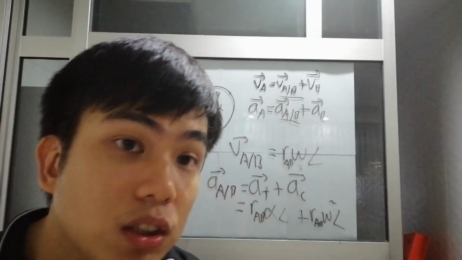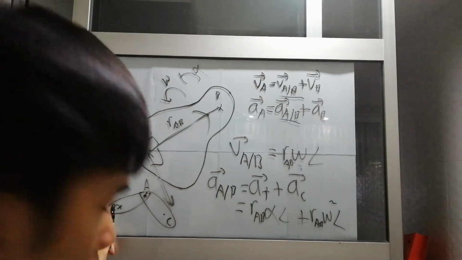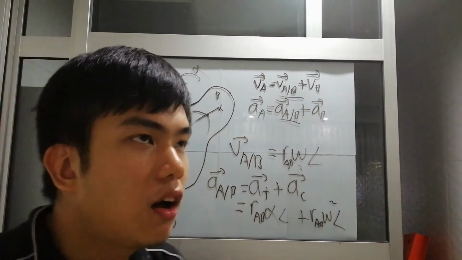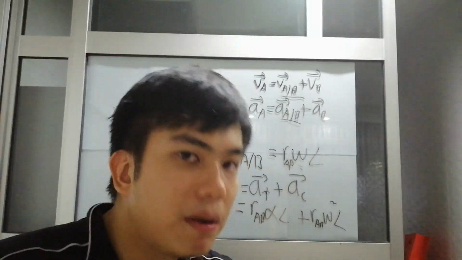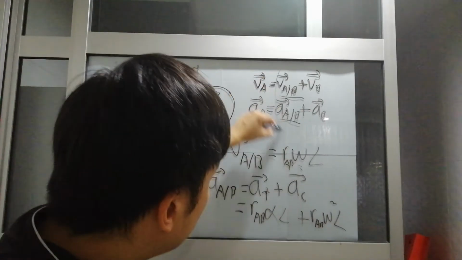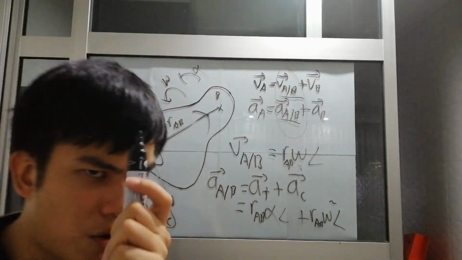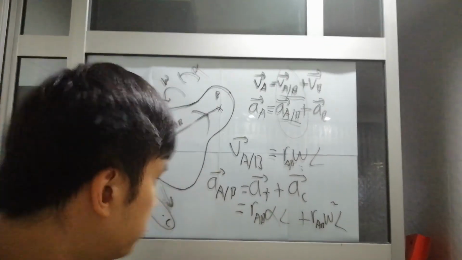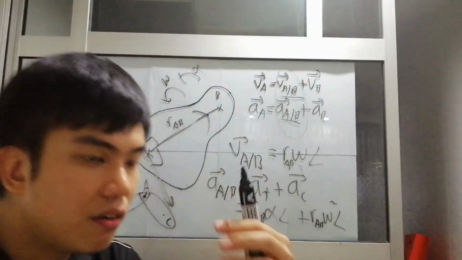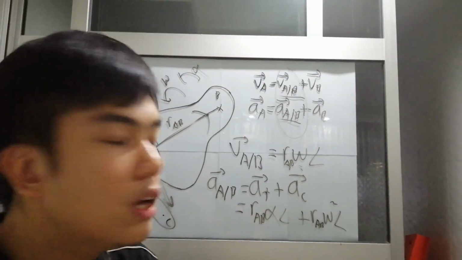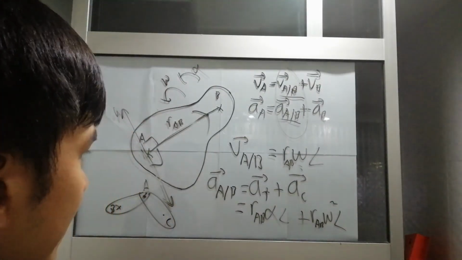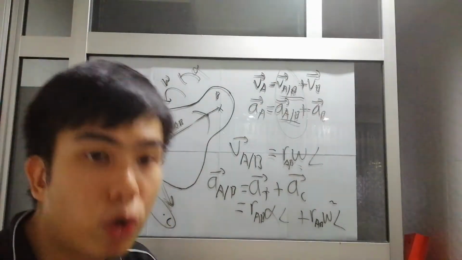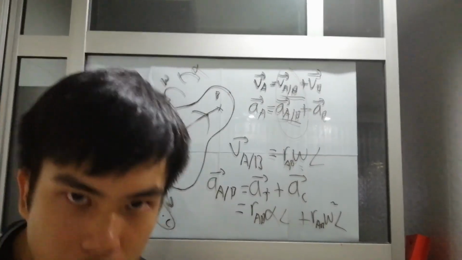However, it's important to know that point B cannot be related with point C with this equation. I mean, you can, it's still correct, theoretically speaking, but it is not useful because we do not know the relative relationship between B and C. However, we know the relative relationship between A and B and between A and C, because the relationship between A and B is a circular motion, and the relationship between A and C is also a circular motion. So that's the one thing that we can exploit when we know that two points are on the same body.